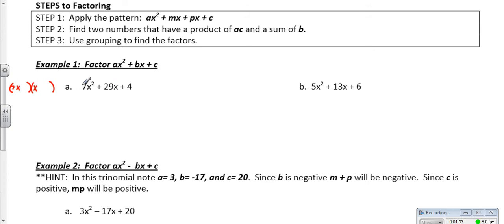Then I would ask, what are factors of 4, because the last terms would give us a product of 4. But that will not work in this case because of this 7. It's kind of hard to explain, but this 7 messes that up when we FOIL it.